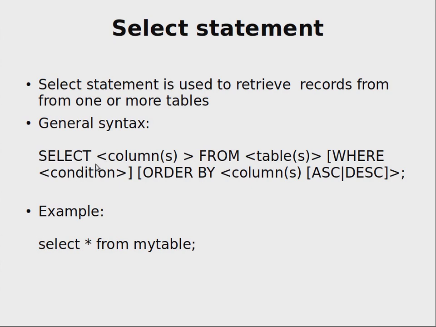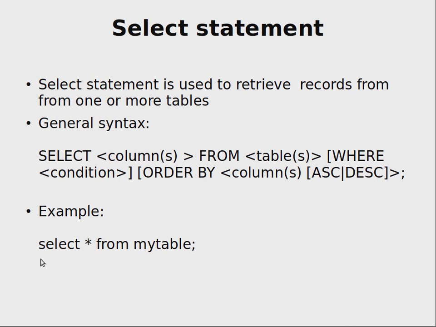So you write the select keyword, then comma delimited names of your columns, from which table, and then you may add additional criteria, where some particular condition, where values match a particular pattern, where values are bigger or smaller than something, etc. And you may also add what will be the order, by which column and in which order, either ascending or descending.